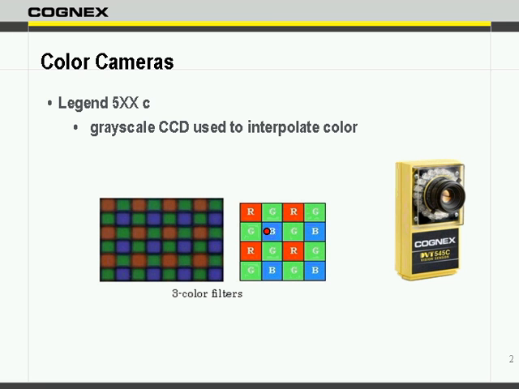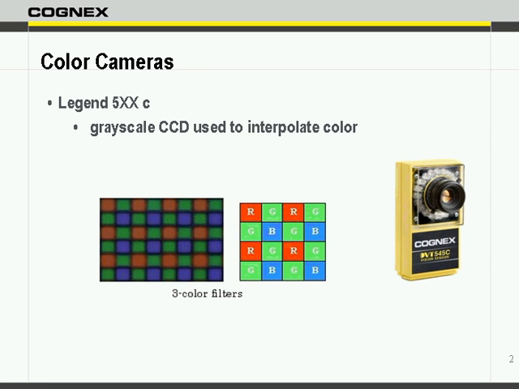So for example, in this central blue pixel, which obtains a blue intensity, the green value for that particular pixel will be interpolated or calculated based on the four neighboring green pixels, or pixels that obtain the intensity values for the color green from the scene. The same with red. The red value for this particular pixel will be calculated from the neighboring pixels, which obtain that red intensity value from the scene.